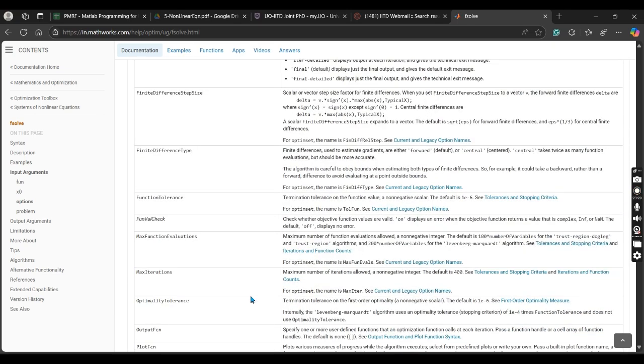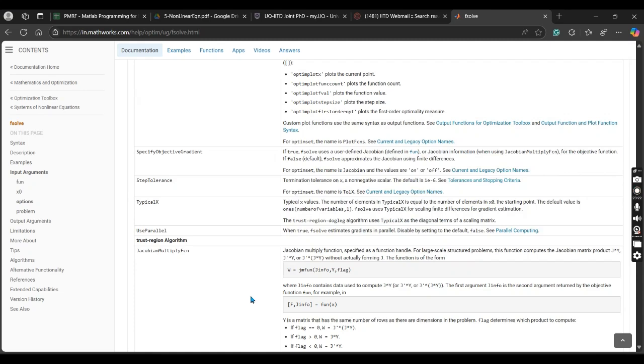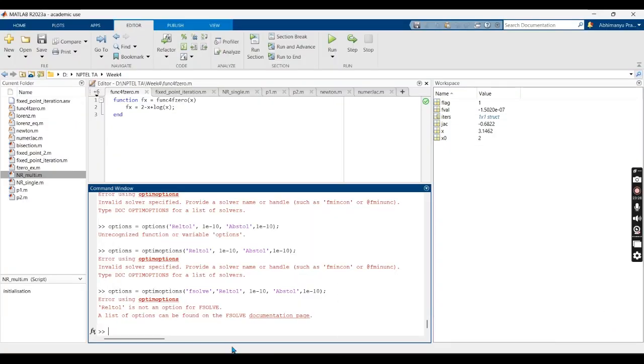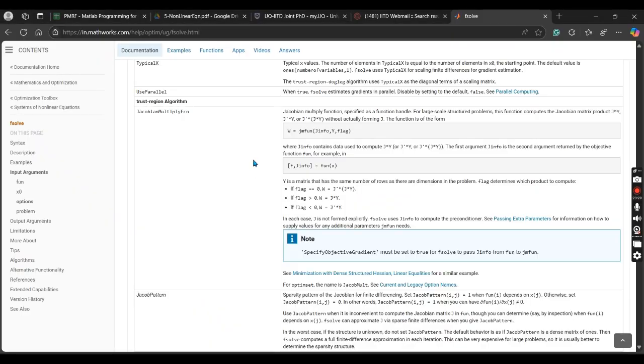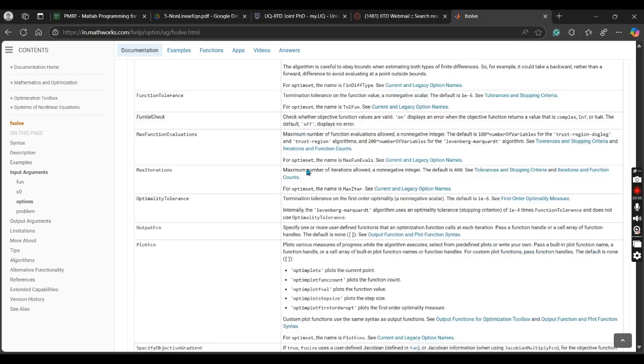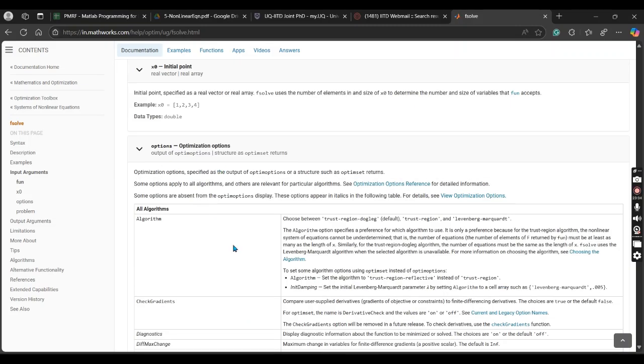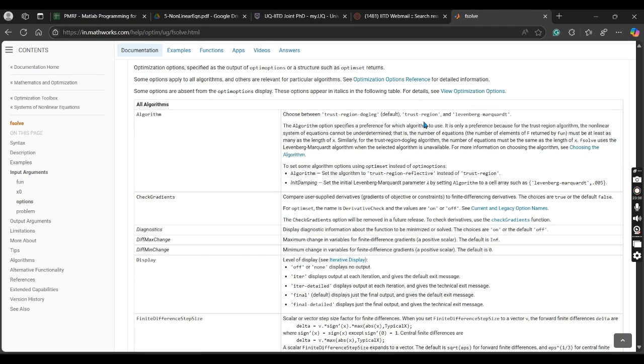I think I got confused with the absolute tolerance and relative tolerance of ODE45. Sorry. So we have other options for this, which you can see over here. We can choose the algorithm we want to use.